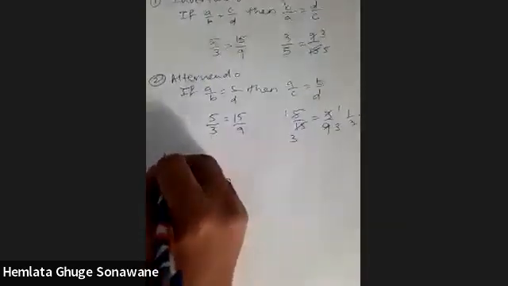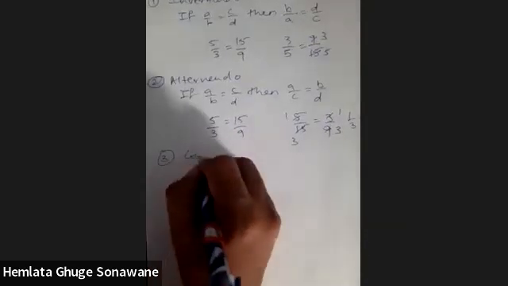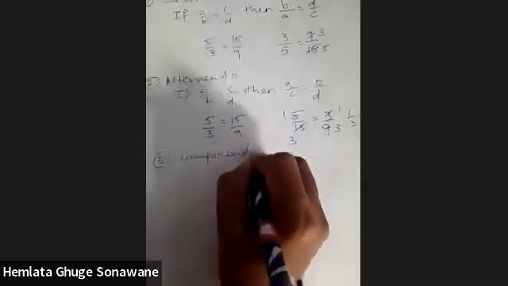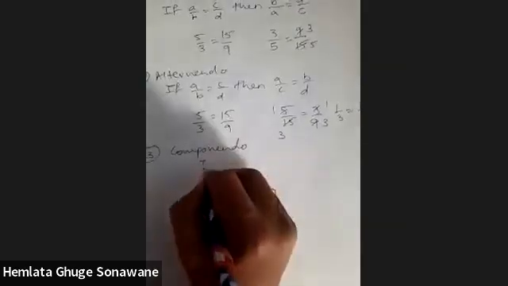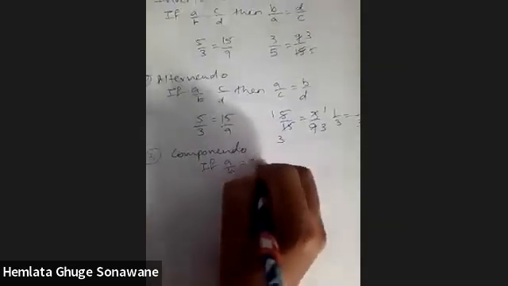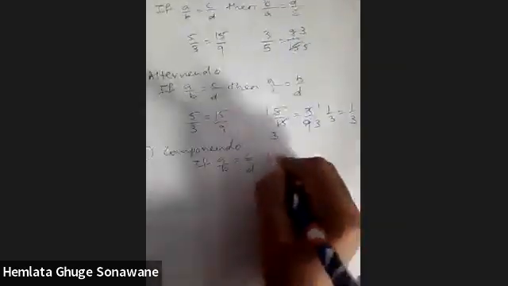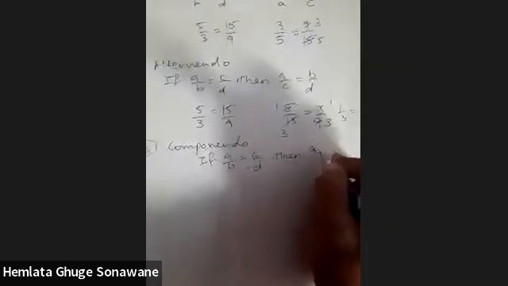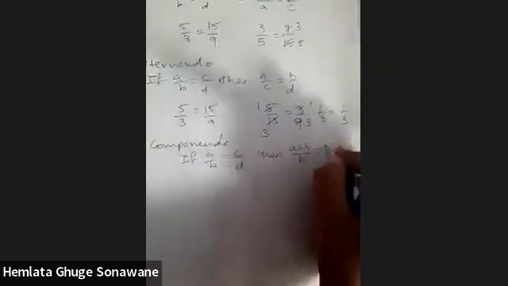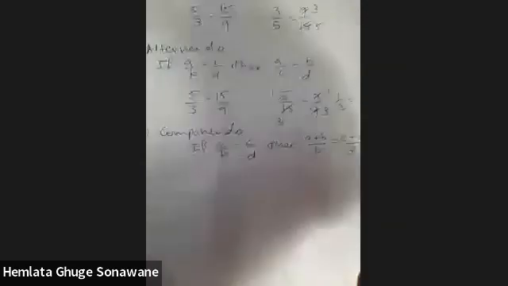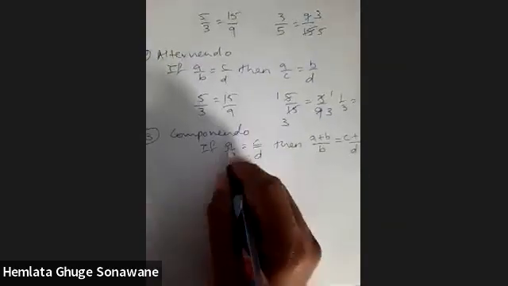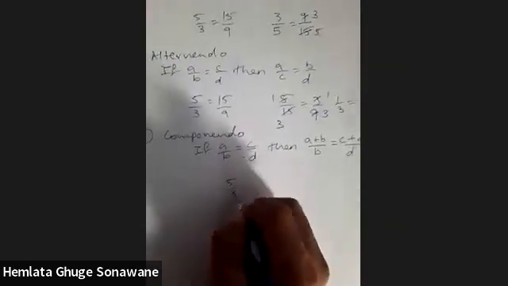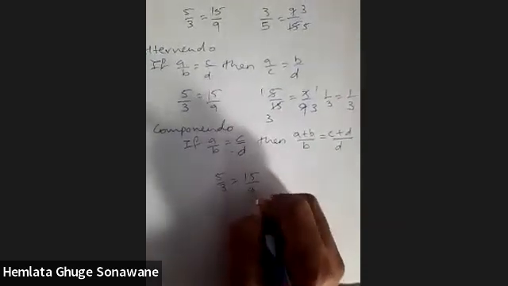Okay. Third is componendo. If A upon B is equal to C upon D, then A plus B upon B is also equal to C plus D upon D. Here we are taking the values of A, B, C, D as 5, 3, 15, 9.